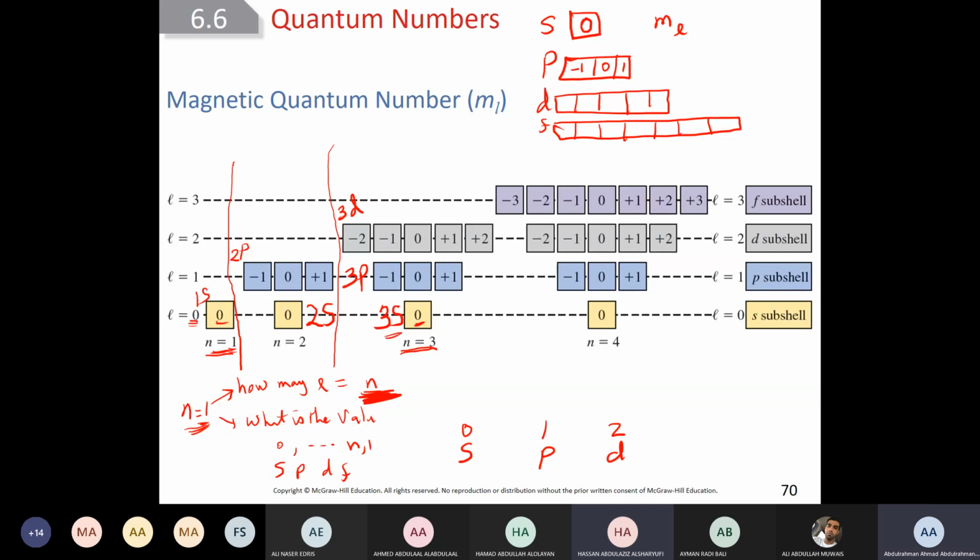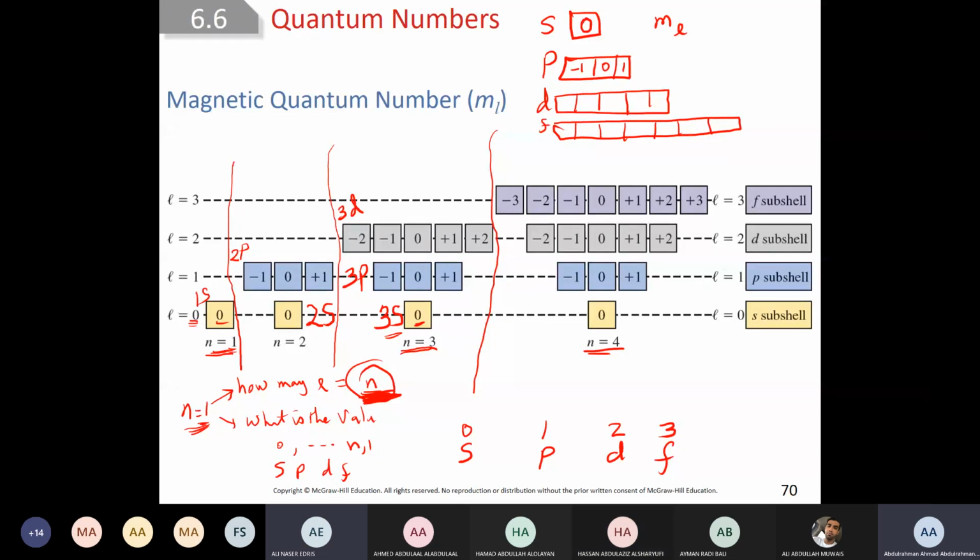Clear? I hope so. Now, we're done with this one. We have the names. Now let's go to this one. N equal to 4. How many values? 4. What are the values? 0, 1, 2, and 3. What's the other name?